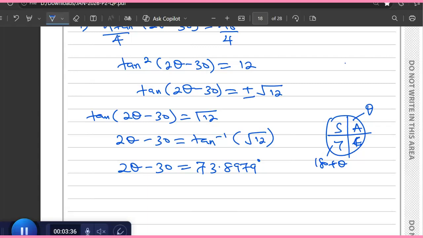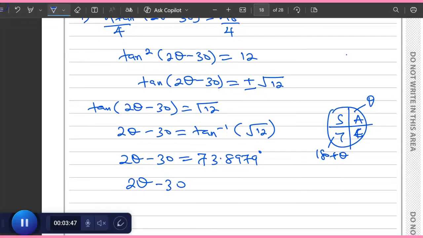So this means that we'll still have 2 theta minus 30 degrees equals 73.8979. The corresponding angle in the third quadrant will be 180 plus 73.8979.